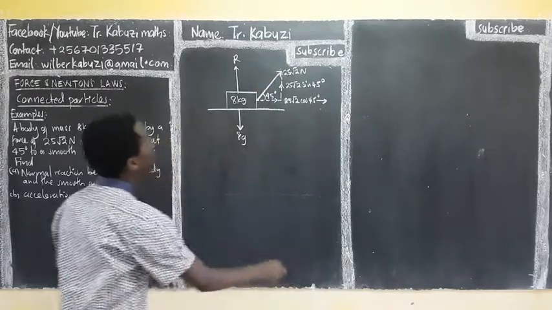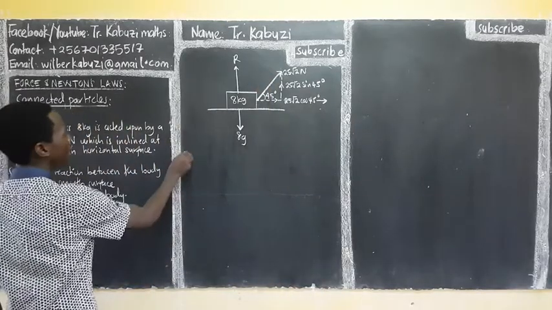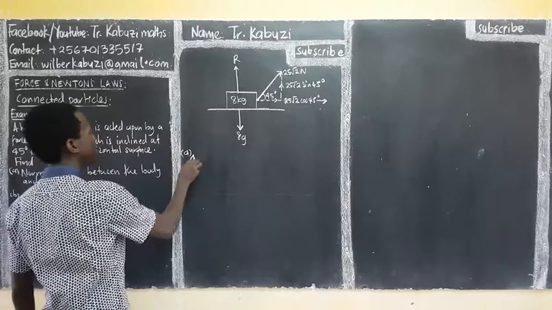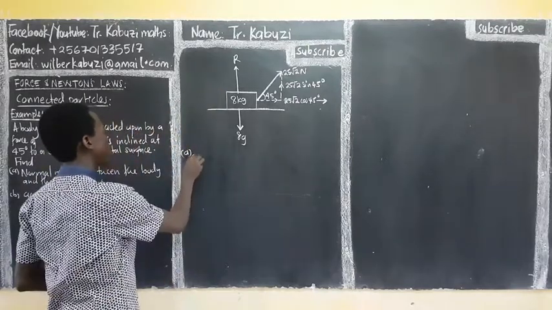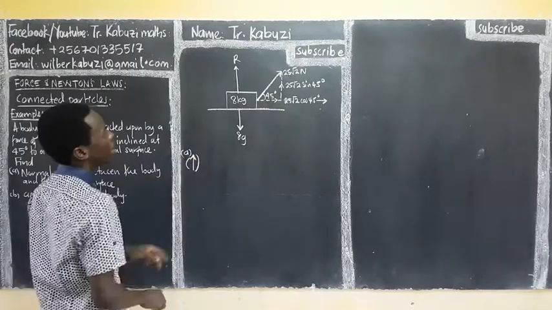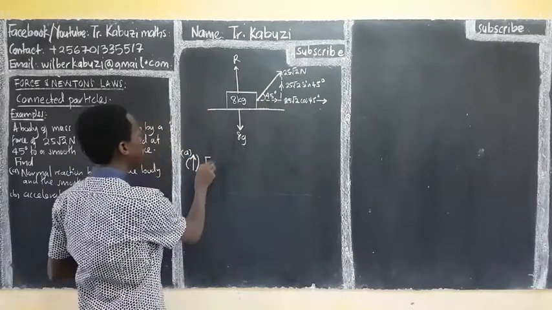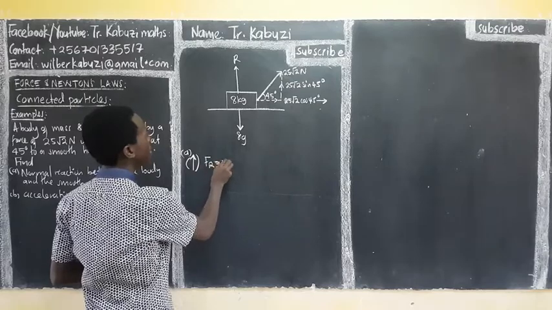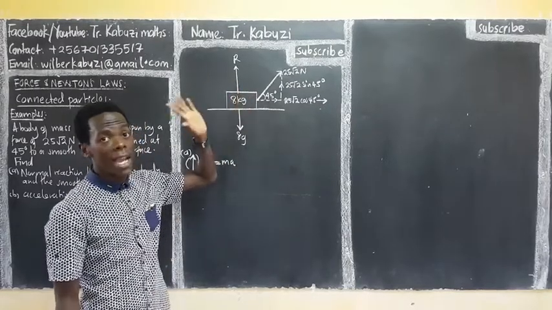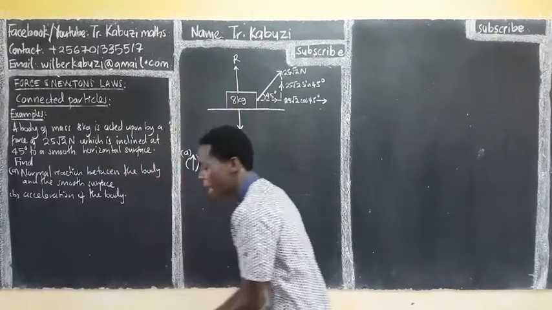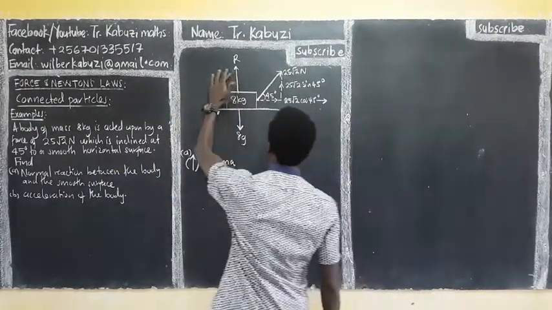So now, they want us to get the reaction. The reaction is the force normal to this plane. First of all, you know that our resultant force is equal to the mass times the acceleration. But in the vertical direction there is no acceleration, the body is just going to move horizontally. So here the acceleration is going to be 0.